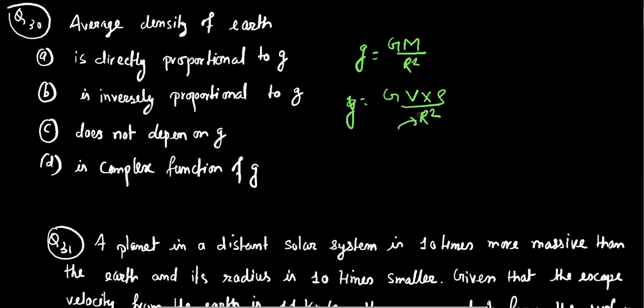So for a given radius and for a given volume, which is of course constant, we can confirm that g is directly proportional with density. So our correct option will be: average density of Earth is directly proportional to g. Okay, so option A is the correct option.